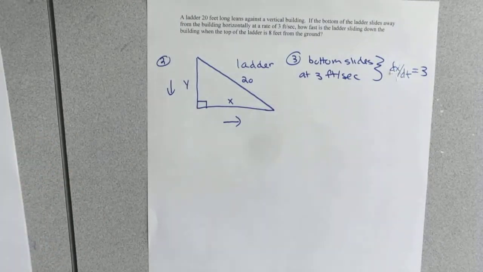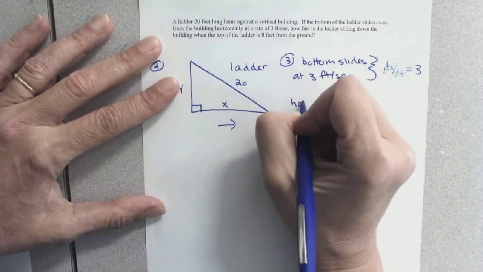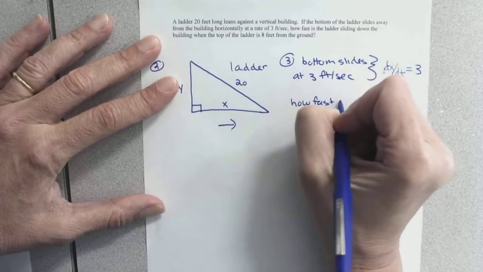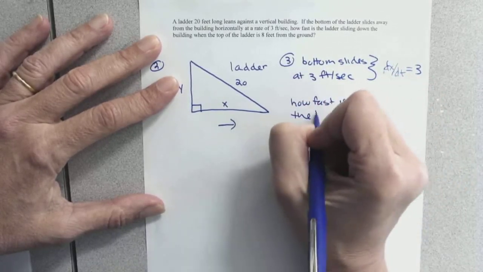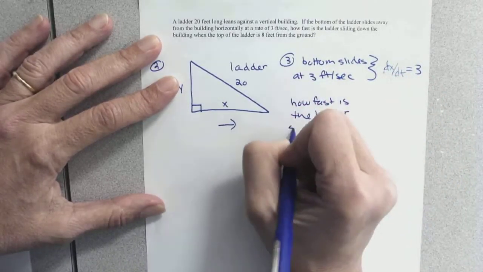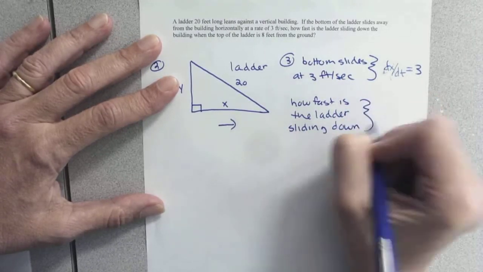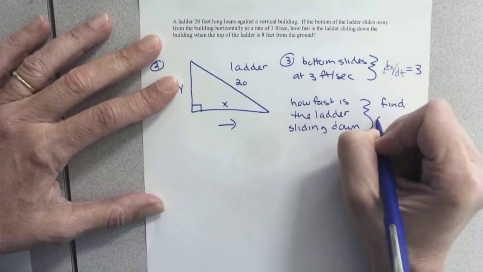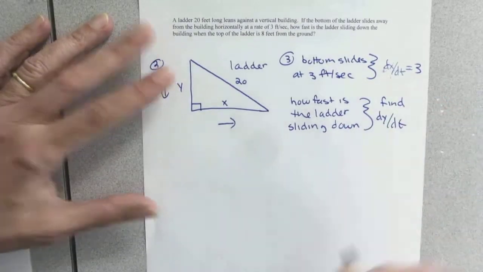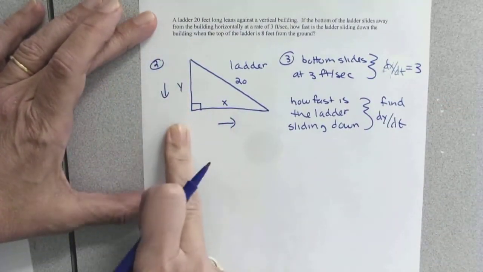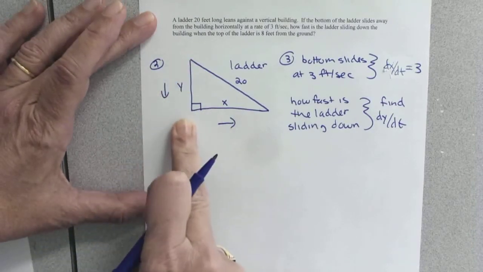So we have slides horizontally at 3 feet per second. How fast is the ladder sliding down? Well, that would be find dy/dt. Ladder sliding down, they're talking about this side.